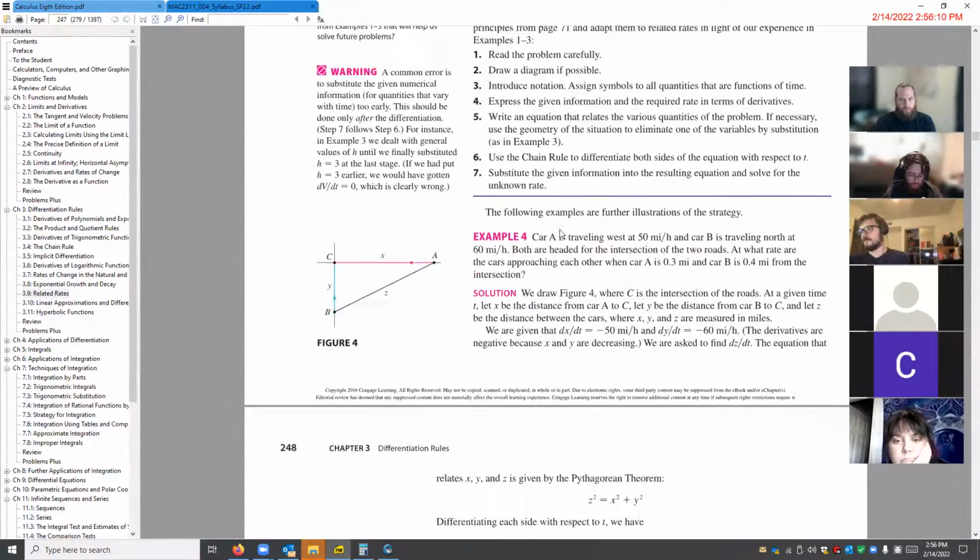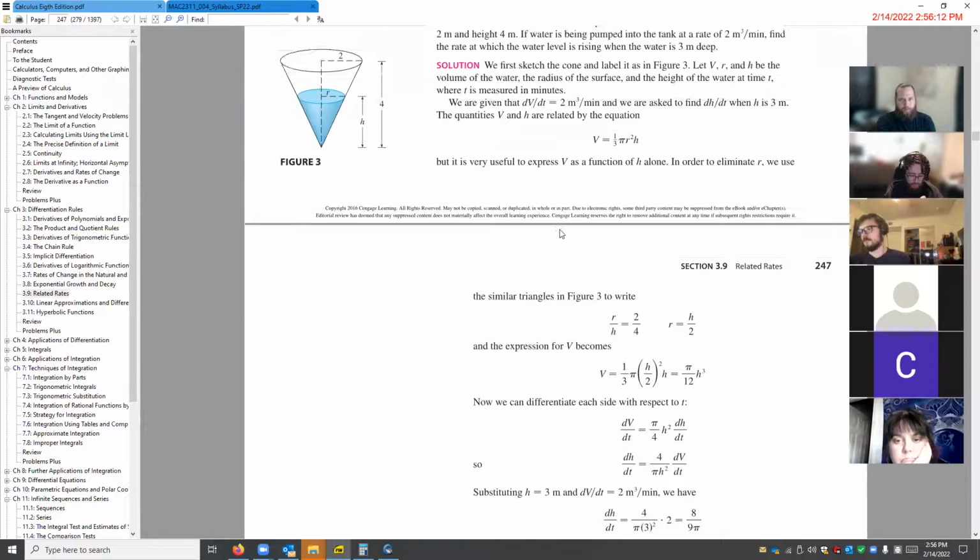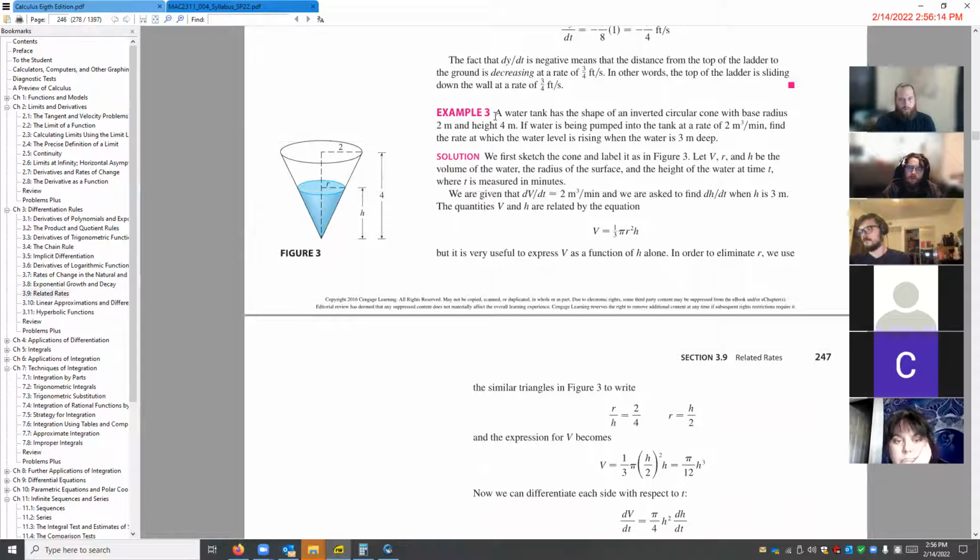Let's do the cone. So they tell us that we've got a water tank in the shape of a cone. And they tell us the radius of the circle at the top of the cone, if you like, at the base, is 2 meters. The height is 4 meters. And they say water is being pumped into the tank at 2 cubic meters per minute.